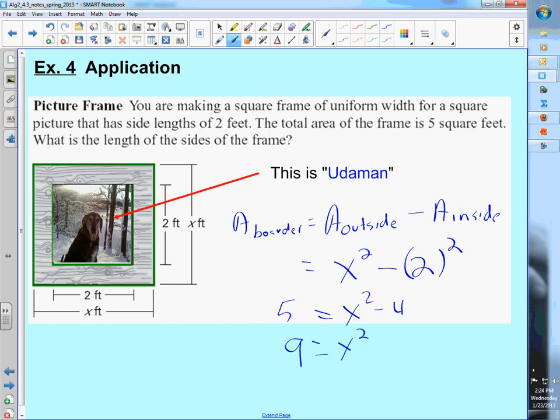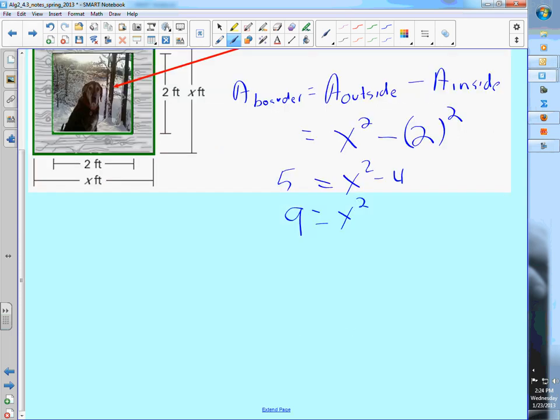Be careful with your answer next, folks. What's the answer for x? We got to get plus or minus 3 because you square rooted x squared. So you can't not get this as your answer.